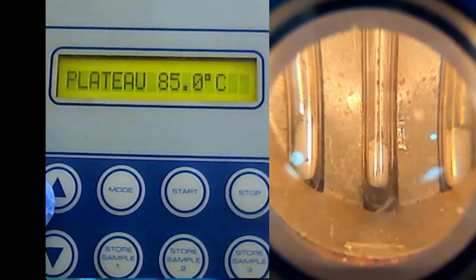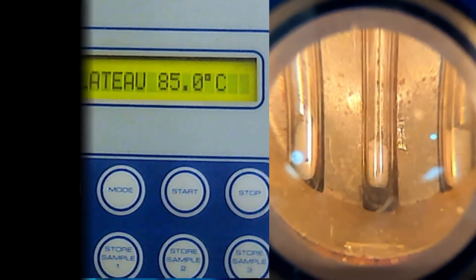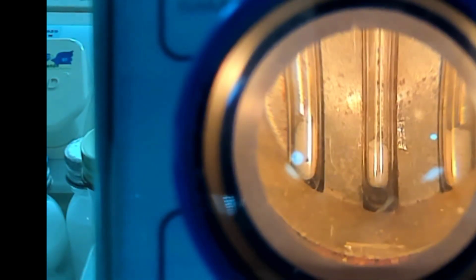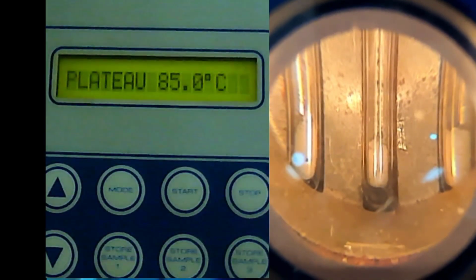You put like 90 or 100 because you know your sample will melt above 100. But now because you already mixed, you're not sure. This is the idea behind this mixed melting point: even though you see 100 here, if you mix two together, the temperature of the melting will be lower. So that's why this 85 is okay.